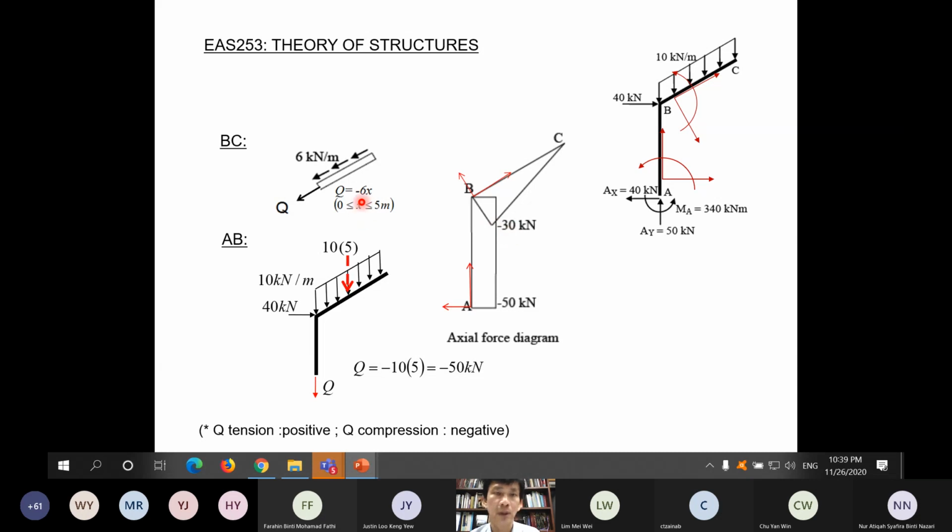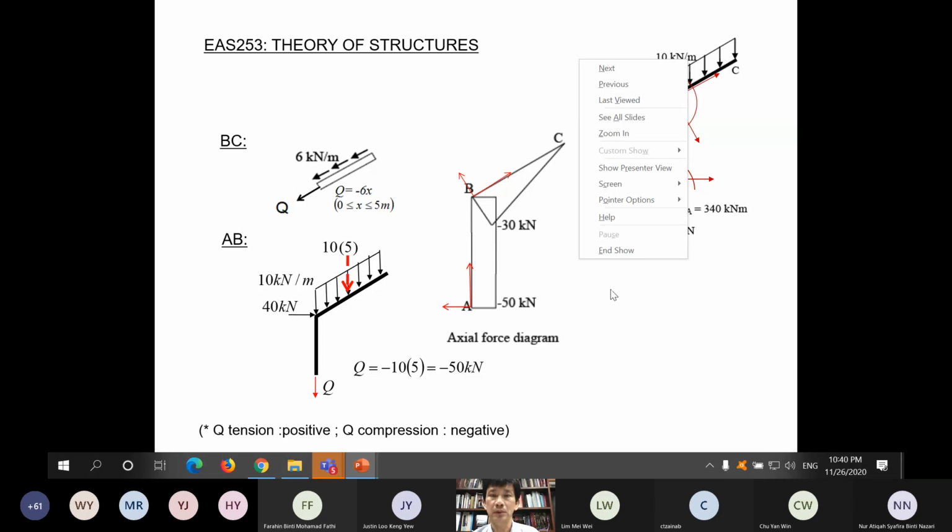This one, -6 multiplied with 5, this should be 50. Should be 50 here. Okay. 6 multiplied with 5, 30 here, correct? It is -30 because 6 multiplied with 5 is -30 for this part, and for this part is 50.